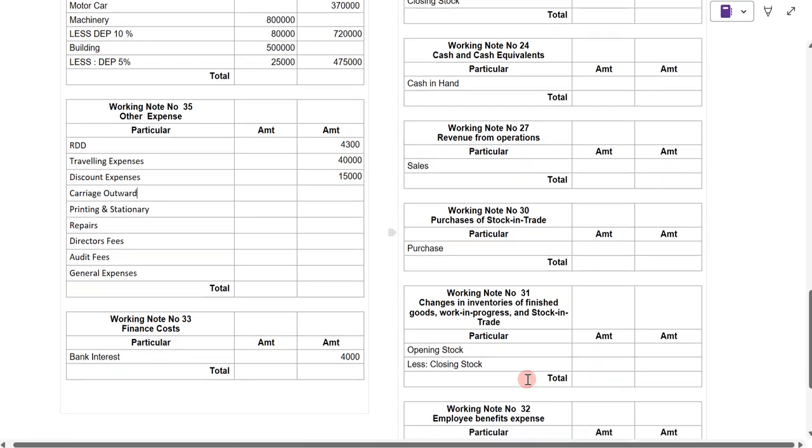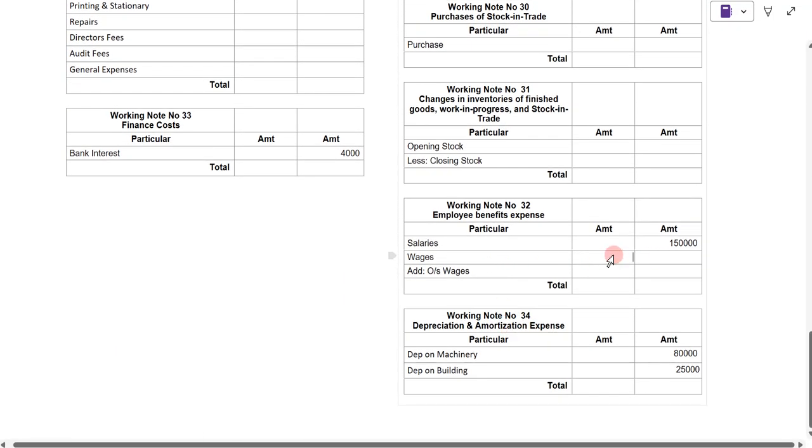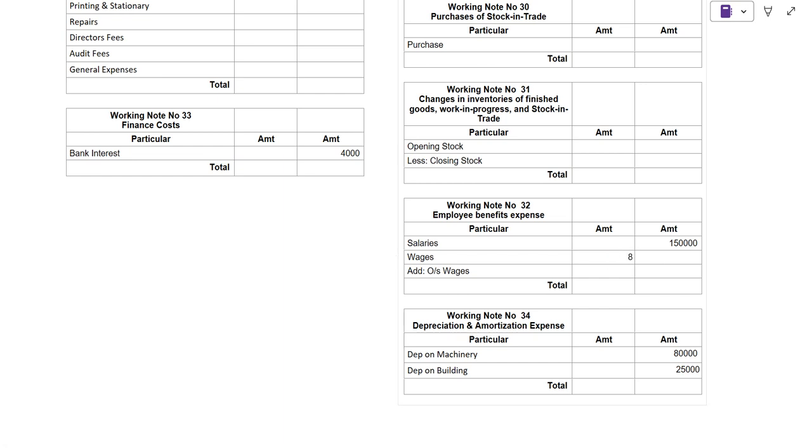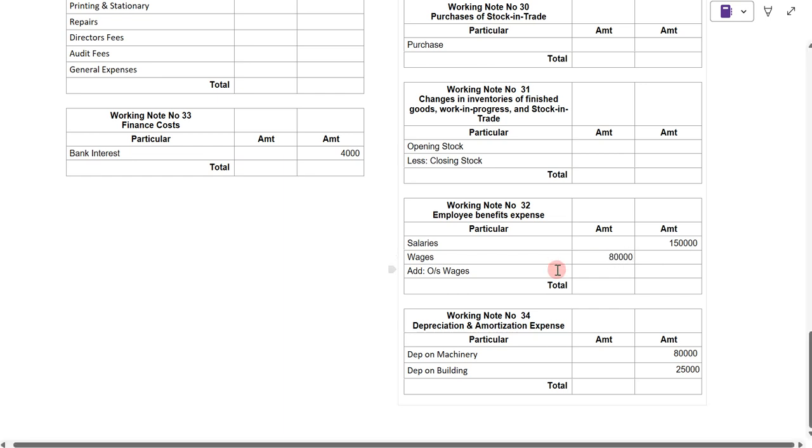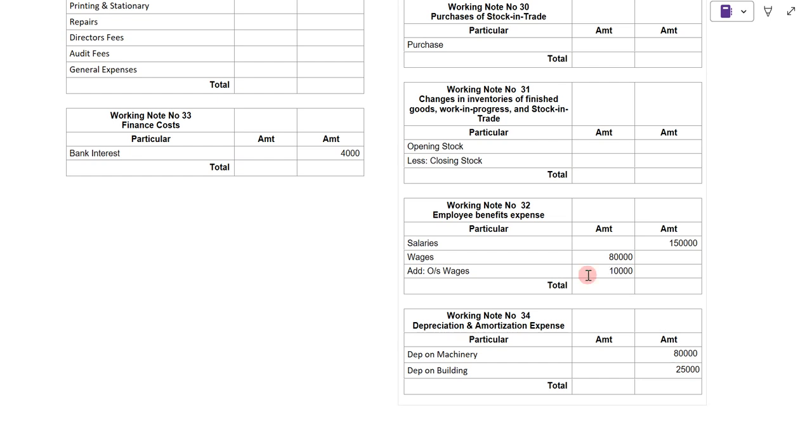Note number 32, wages. The value of wages is 80,000. Add outstanding wages 10,000. 80,000 plus 10,000 is 90,000.